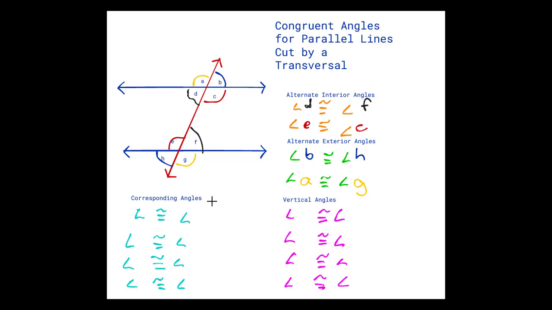The corresponding angles are the angles, if I took this bottom parallel line and just brought it up along the transversal, it would correspond or be the same as the angle A. So we're going to do angle E is congruent to angle A. And angle F is congruent to angle B.